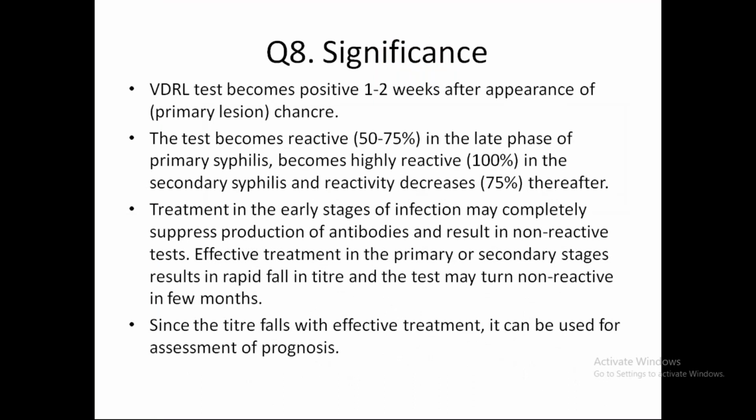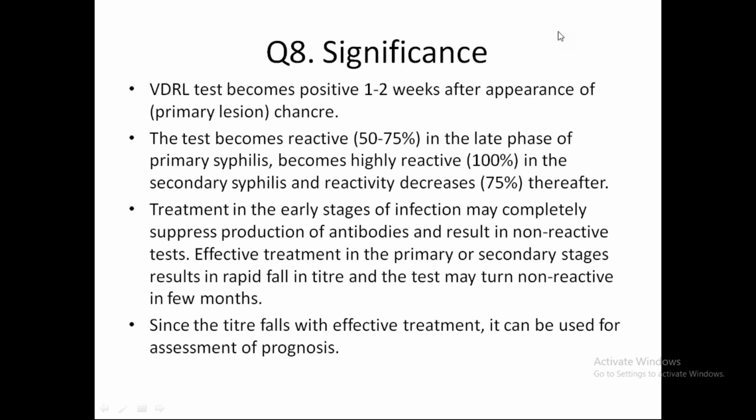Next, significance of the VDRL test. What is the significance of the VDRL test? This test becomes positive 1 to 2 weeks after appearance of the primary lesion, that is the Chancre.